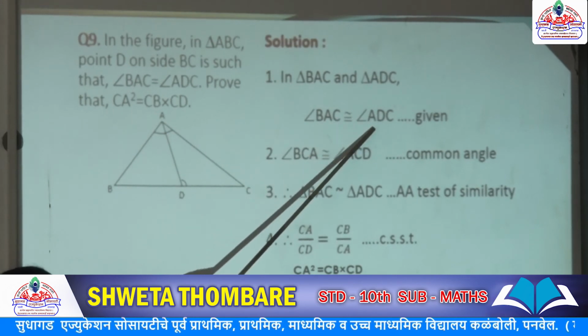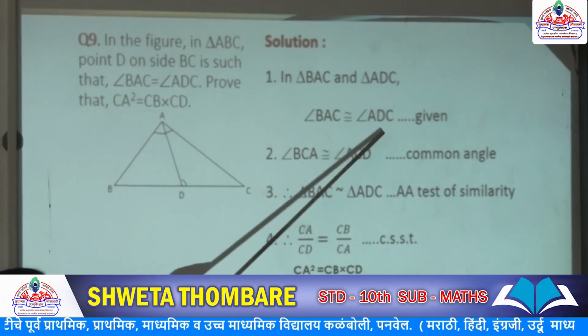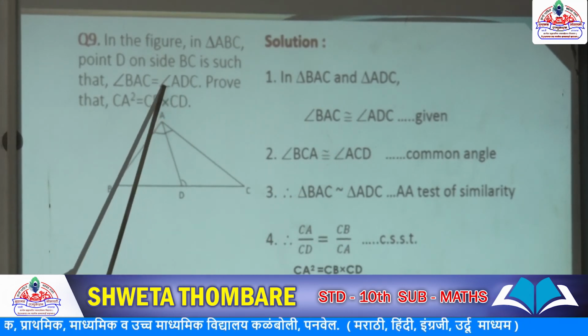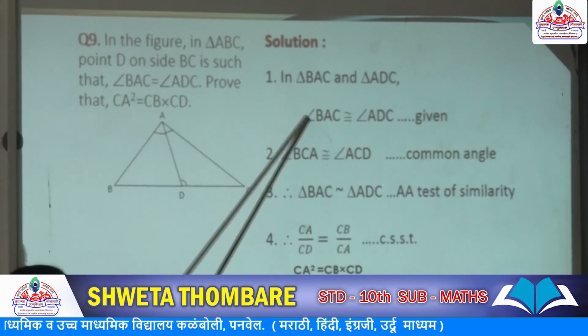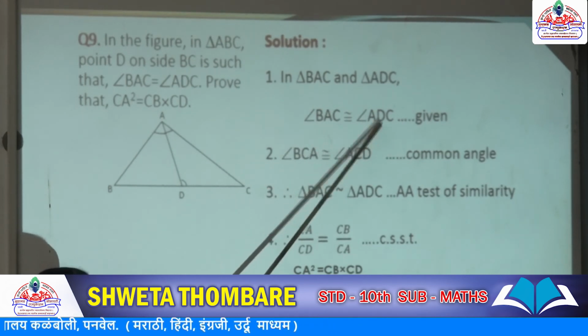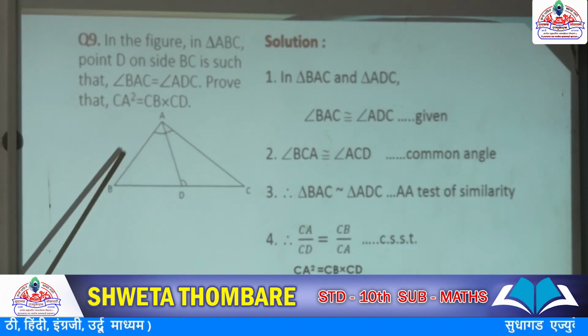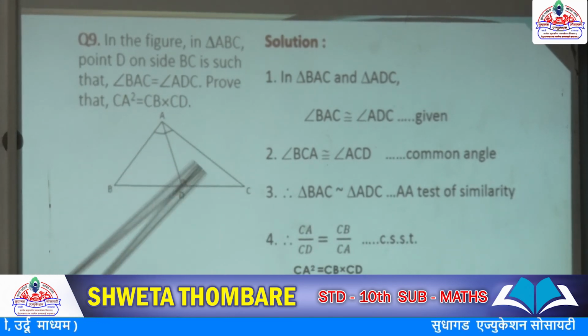This pair of angles is given as congruent already in the question, so for this step we can give the reason as given. Now the second pair of angles we can get from this figure.